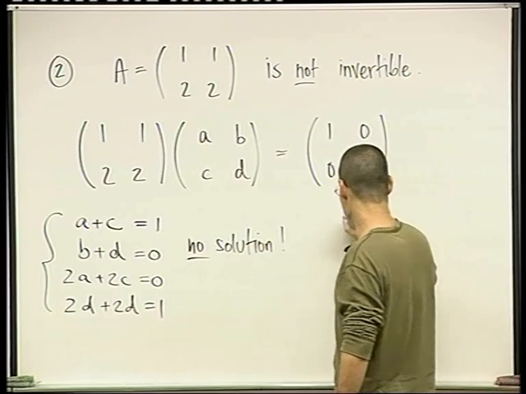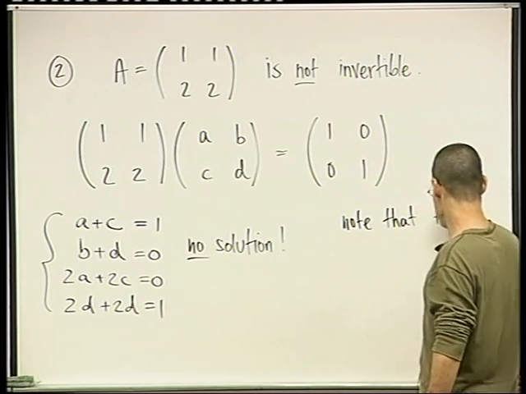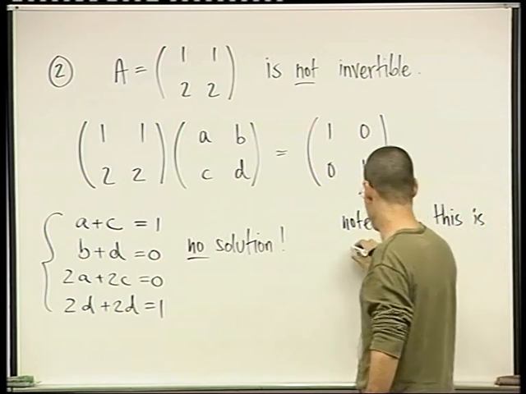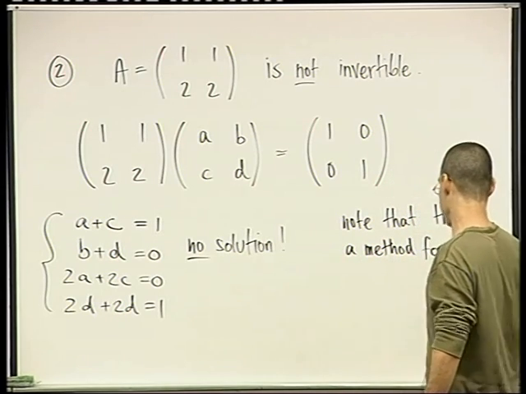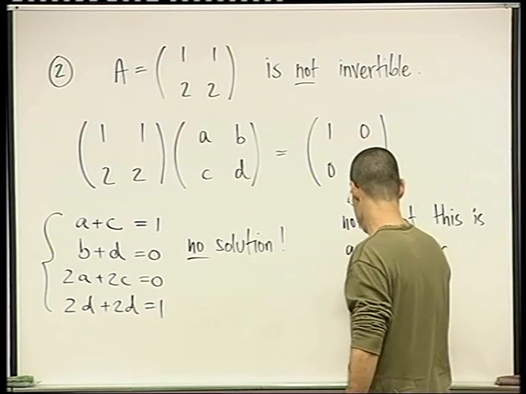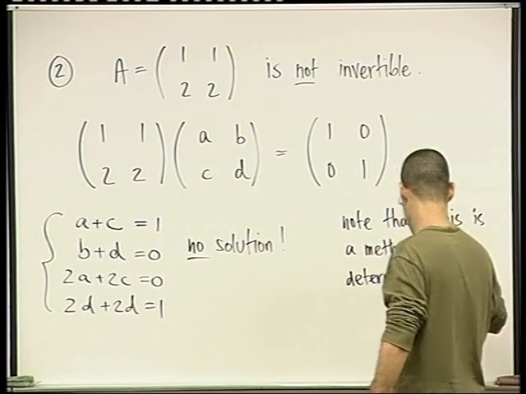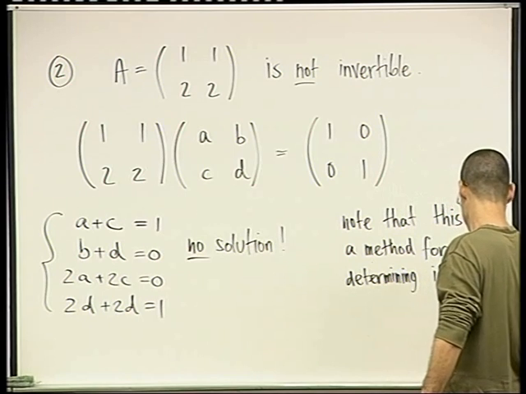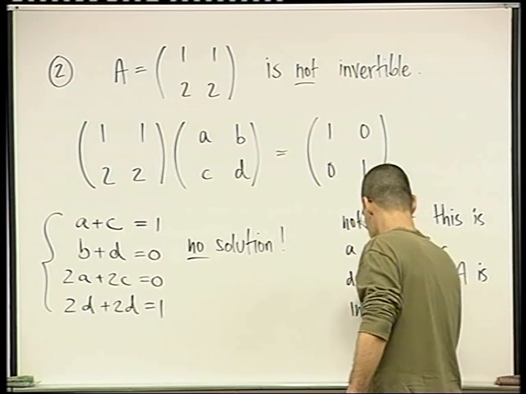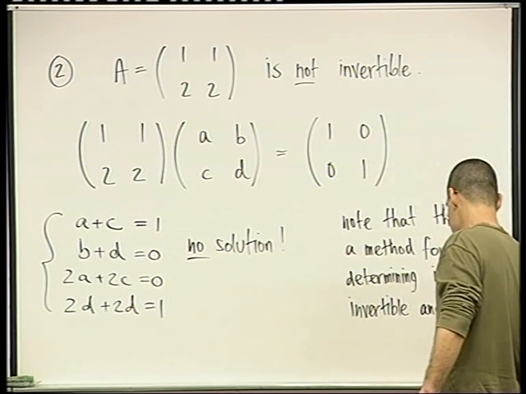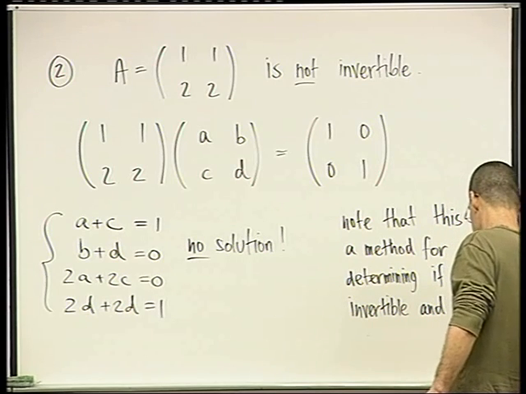So note that this is a method for determining if A is invertible and finding A inverse if it is.